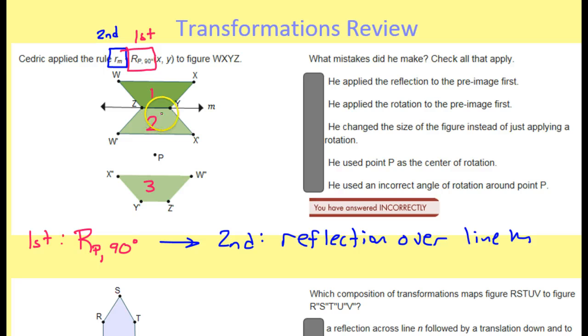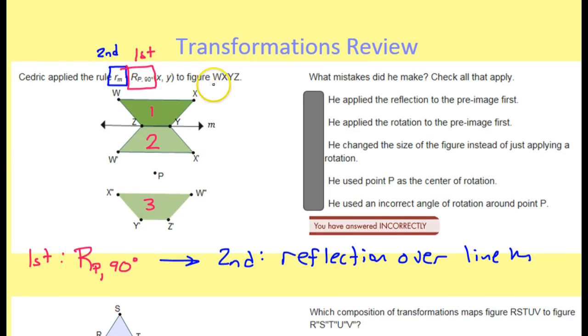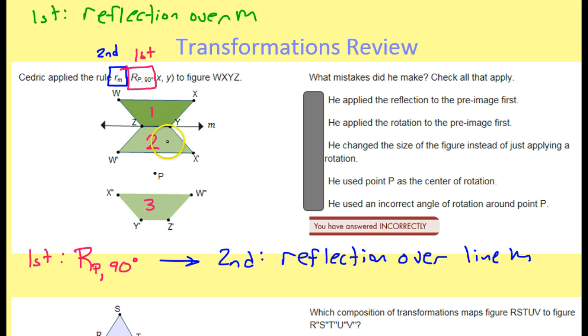So what Cedric did was first, a reflection over line M. And then, second, he did the rotation around point P.